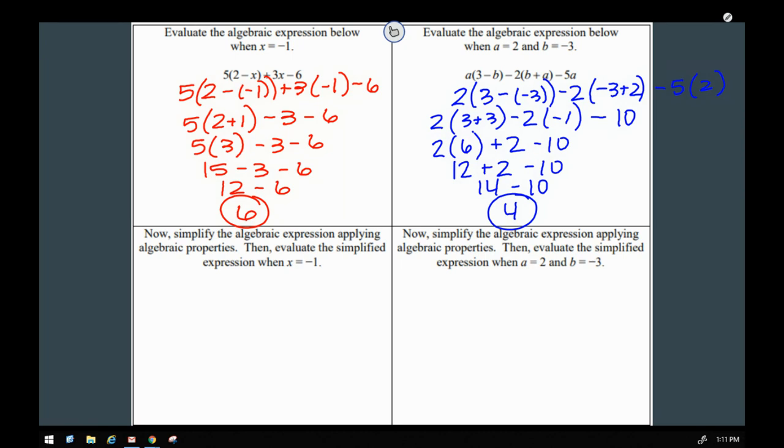So why does that happen? Why can we plug it in first and get one answer, and then we simplify it first and then plug in and get the same answer? Why does that work? I had a really hard time putting this into words too, so don't feel bad.